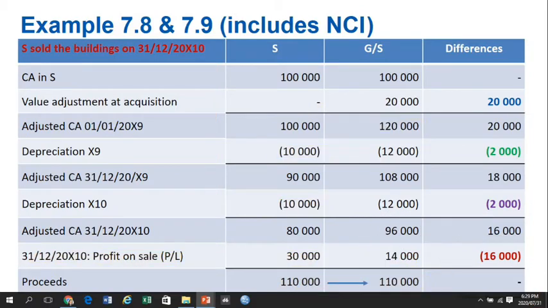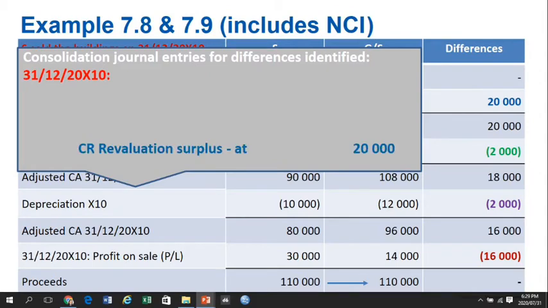Let's now write the consolidation journal entry that would adjust the necessary line items. I always start with the adjustment to the at acquisition equity of S because of the required adjustment to the net assets at acquisition date. That will never change. That credit you would have to process every single year that you consolidate this group forever until there's no longer a group.